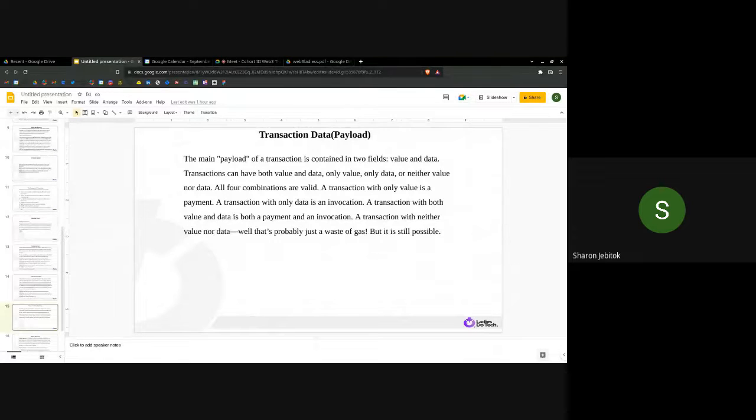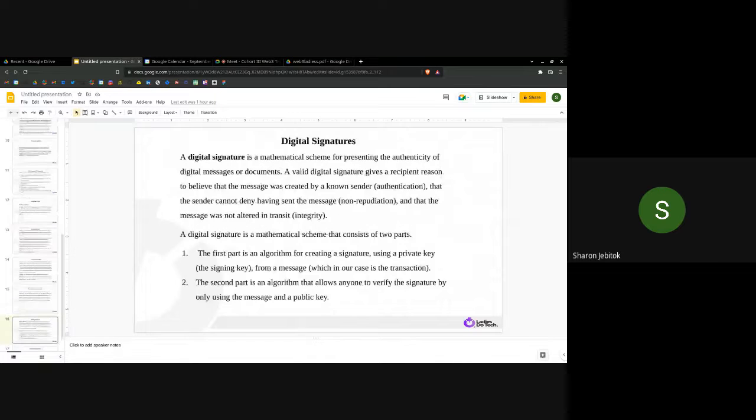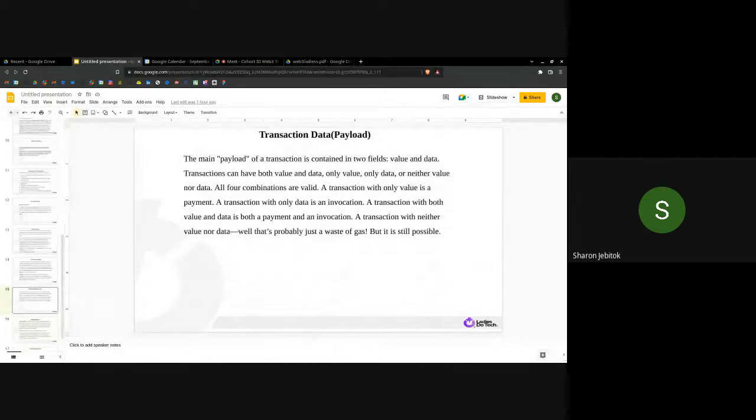There is one for payment, the other for invocation, or if we have both data and value, that's payment and invocation happening at the same time. And if the field is missing, some gas was wasted, but a transaction still occurred.